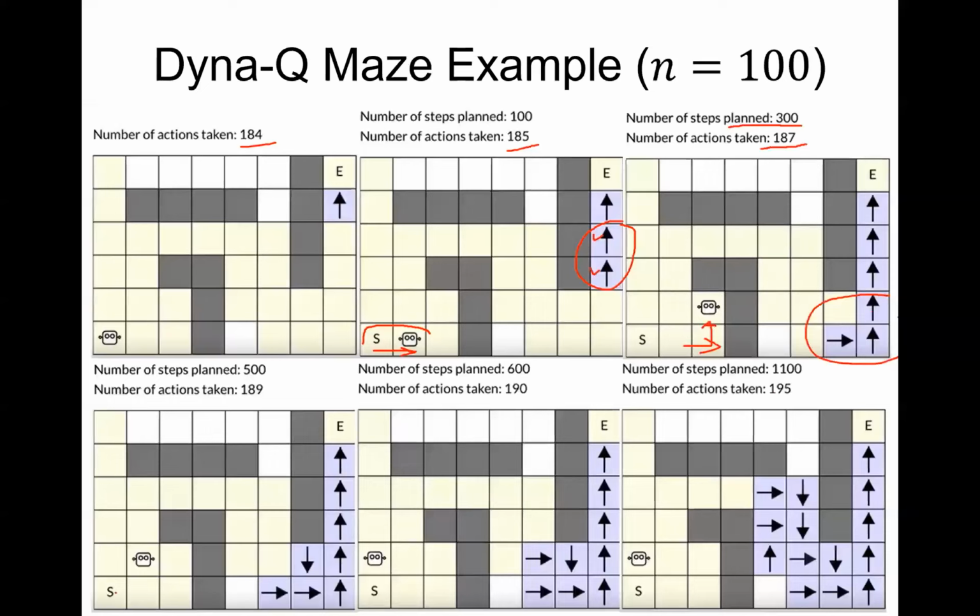So even though the agent is still moving around in this corner, it never left this corner, the policies are being improved. The Q values, which determine the policy, are being improved by the planning steps over here. So that's the Dyna algorithm to combine planning with learning to make better use of past experiences.